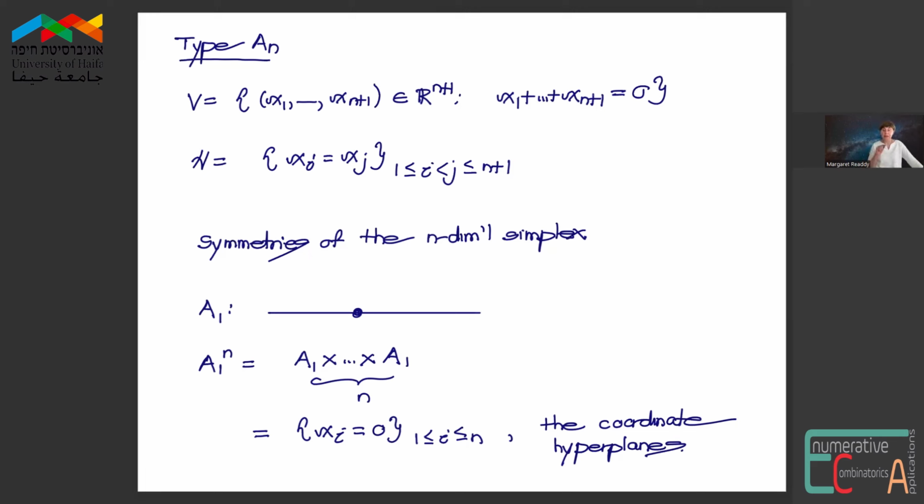That just consists of this one-dimensional line, and the hyperplane is the origin, just this one point. The other arrangement, this product arrangement that is going to be a very important special case, is A_1 to the n. This is a product of A_1 with itself n times. You can think of it as all the hyperplanes defined by x_i equals 0, i going from 1 through n. In other words, the coordinate hyperplanes.